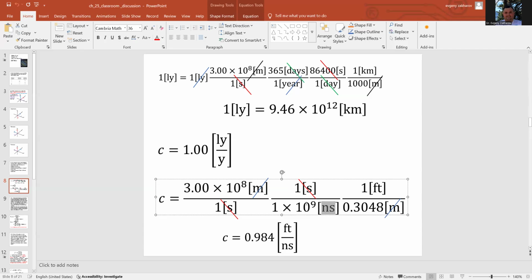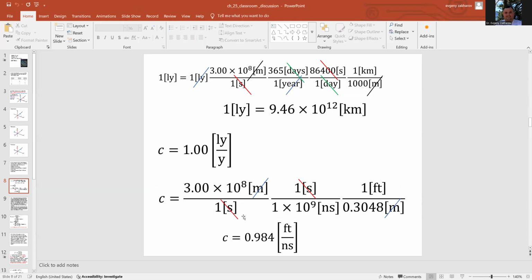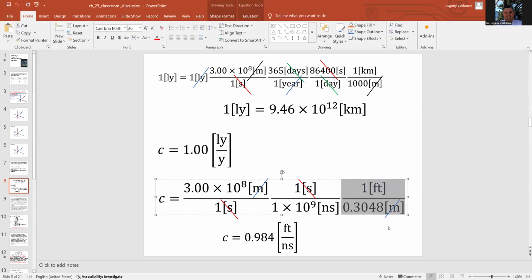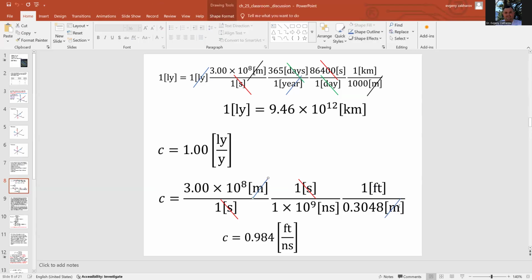So if you want the backwards operation, then you have to multiply. So you have a billion nanoseconds in 1 second. So seconds cancel, and then 1 foot is about 1/3 of a meter. So meters cancel, and you're left with what you want.